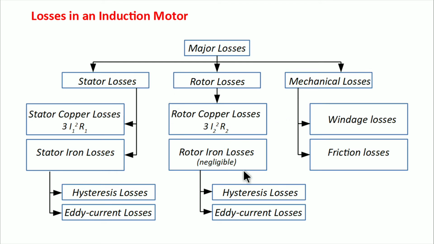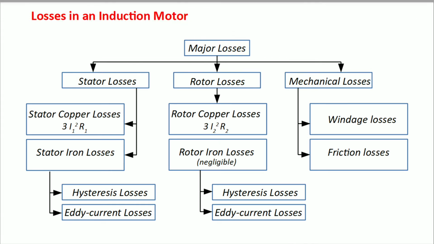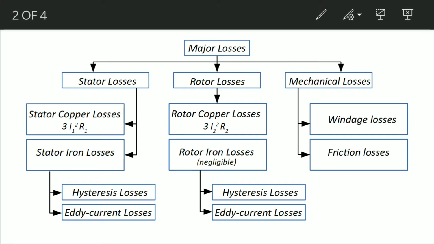Then the other loss in the case of the rotor is rotor iron loss. Rotor iron loss again happens in the rotor core, and the rotor core has hysteresis as well as eddy current losses, just similar to the stator core.